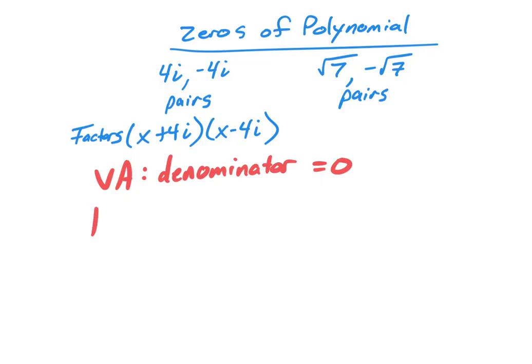Okay, another question that you're going to see today is horizontal asymptotes as well. On horizontal asymptotes, this is based off of the degree. The degree is your highest exponent. We talked about that a little bit yesterday.